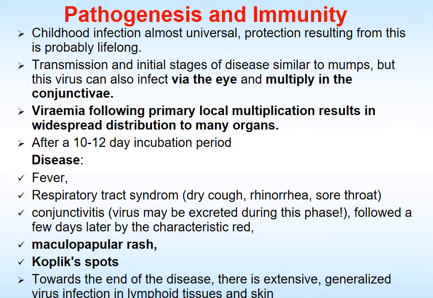Pathogenesis and immunity. A childhood disease with lifelong immunity, transmission and initial stage of disease similar to mumps, but this virus can also infect via the eye and multiply in the conjunctiva. The viremia period following primary local multiplication results in widespread disruption to many organs.